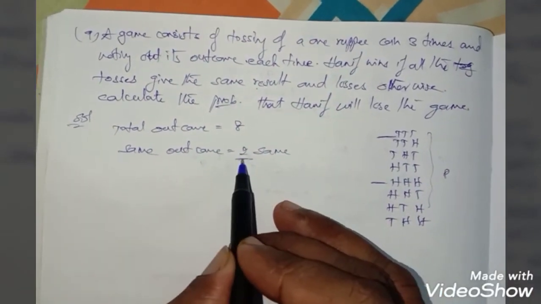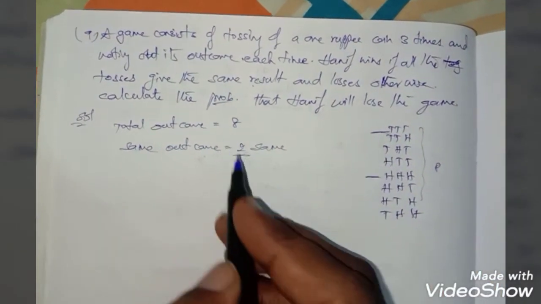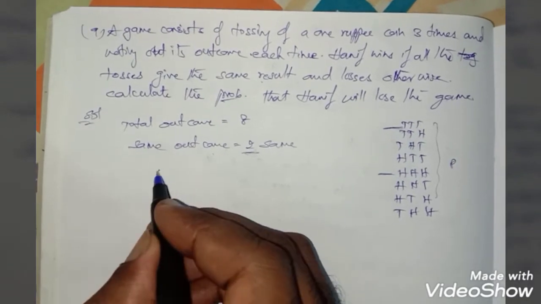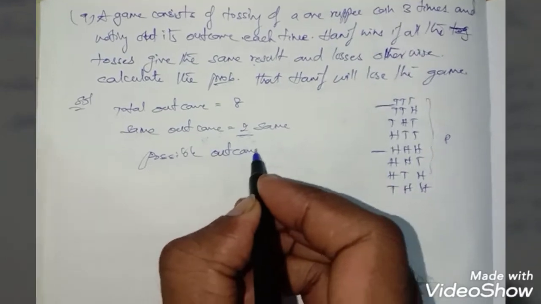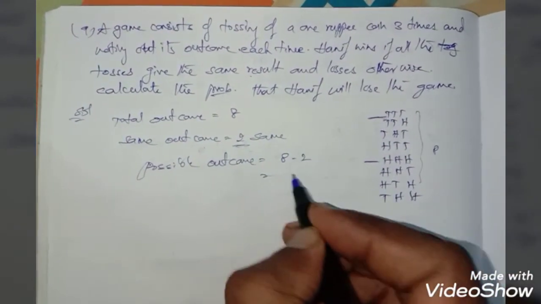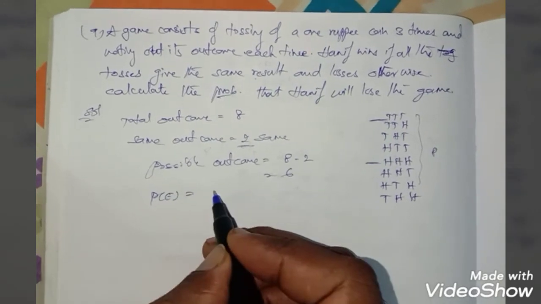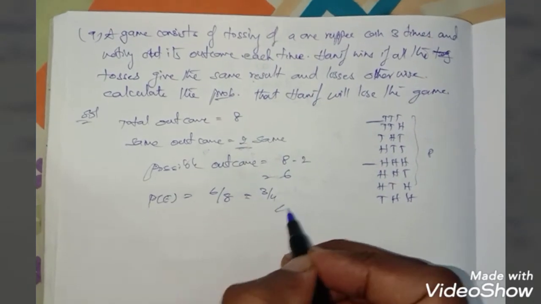If he gets the same, he wins. Otherwise, he loses. Otherwise means just subtract these two, and you will get your answer. So the possible outcomes are 8 minus 2, that is 6. So the probability of the event is nothing but 6 by 8, or else you will get 3 by 4, right?